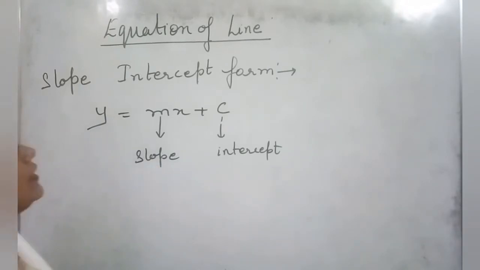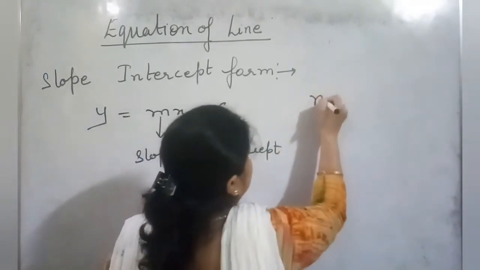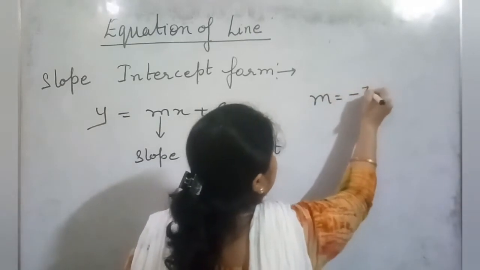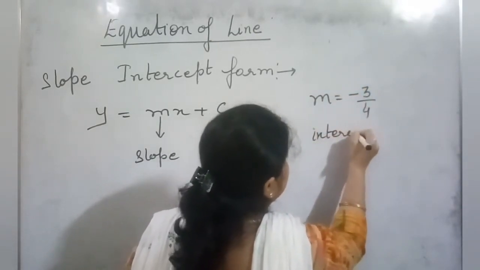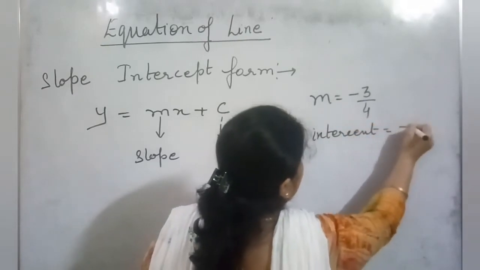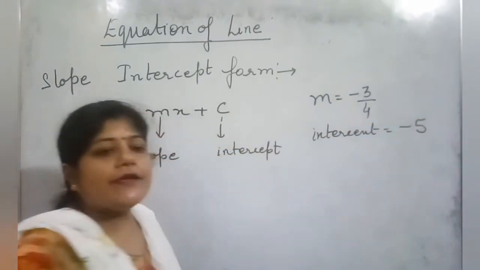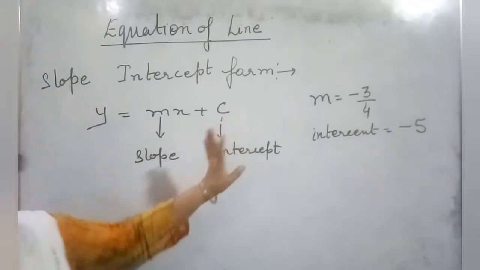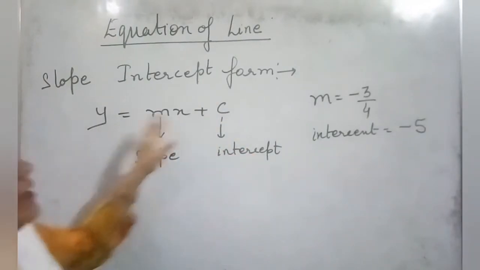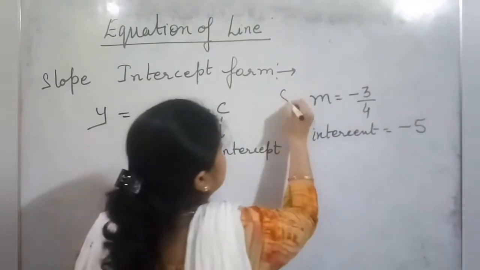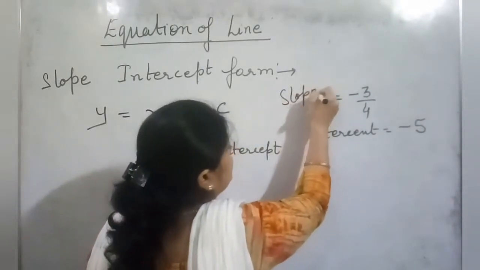For example, if it is given that the slope is minus 3 by 4 and intercept is equal to minus 5, find the equation of the line. Simply, if the question is given in this form, you just use this formula when the slope and the intercept are given.